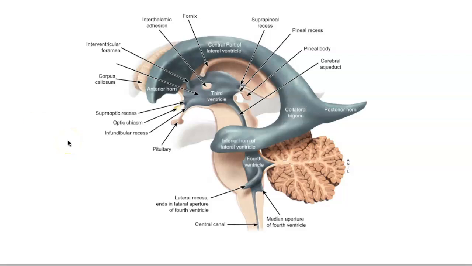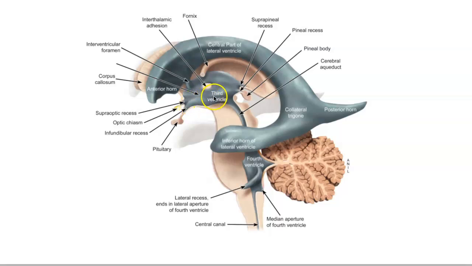So we keep saying that the diencephalon is in the area of the third ventricle. So I want to bring in a ventricle cast. This is a cast model of a ventricle. So here is one of the lateral ventricles here. Here is the third ventricle. The third ventricle is thin, very thin. It's a midline structure.